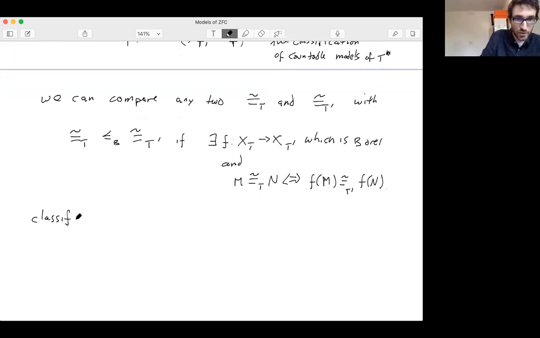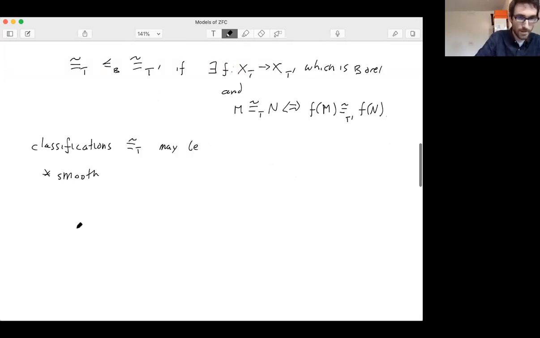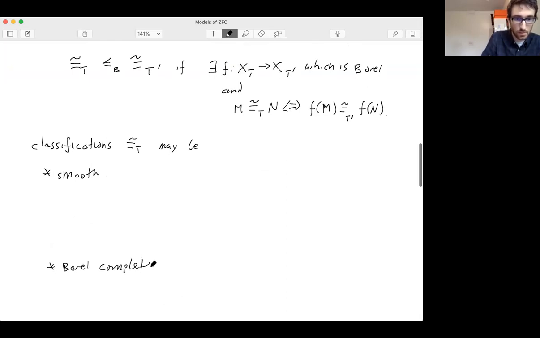So classifications: smooth, Borel complete, or in between, or they can actually be a bit to the side in principle, but I'm going to skate over that for this talk.